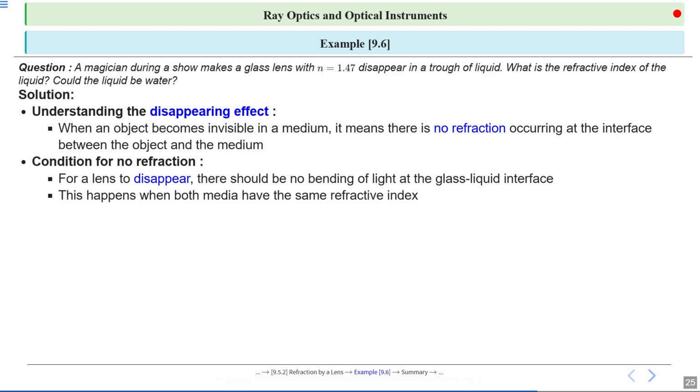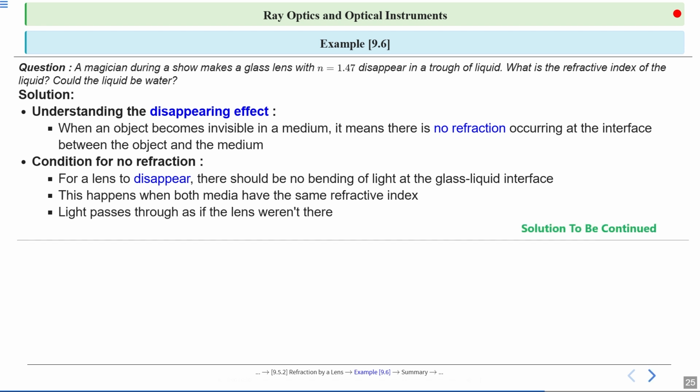If both the media have the same refractive index, light will not bend and refraction will not happen, and we cannot detect the interface that is separating the two media. So light passes through as if lens were not present. Light will enter the lens medium, exit the lens medium and enter the liquid again, but without bending. So it will assume that lens is not there.